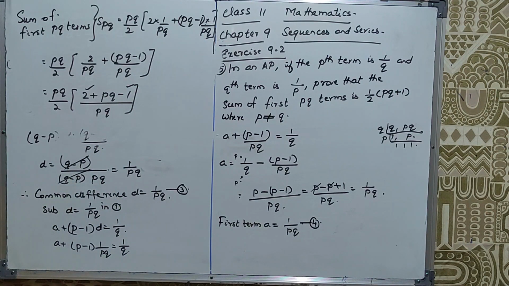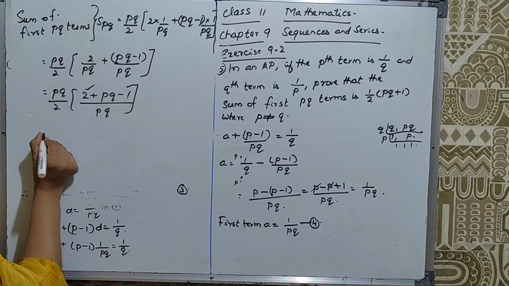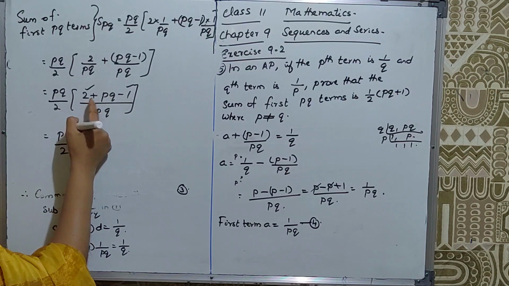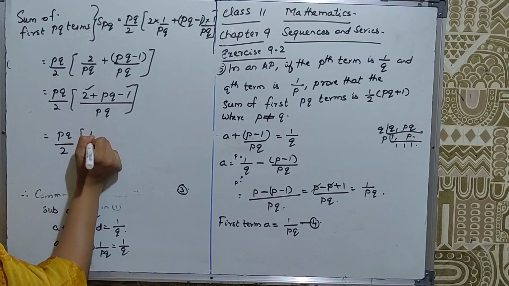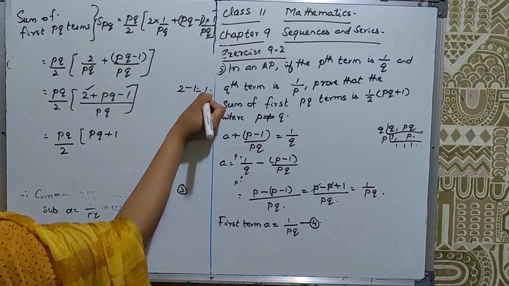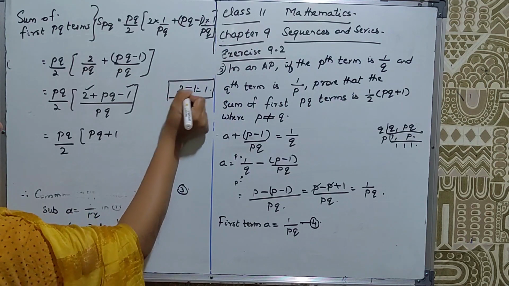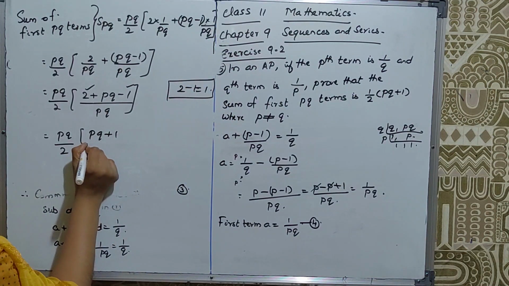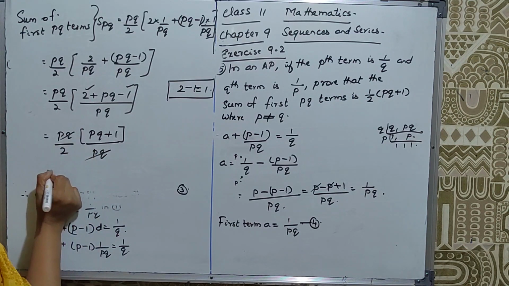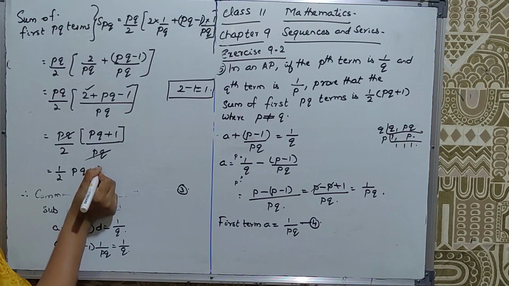Again 1 only. So we'll get the answer pq by 2 into pq plus 1 divided by pq. Now pq and pq will be cancelled. So the answer will be half into pq plus 1.